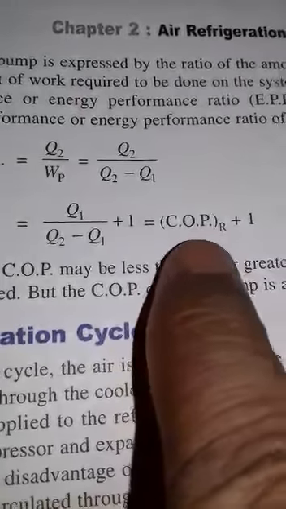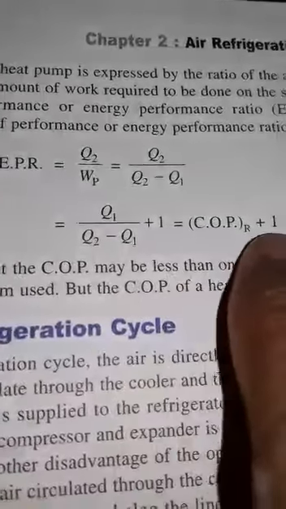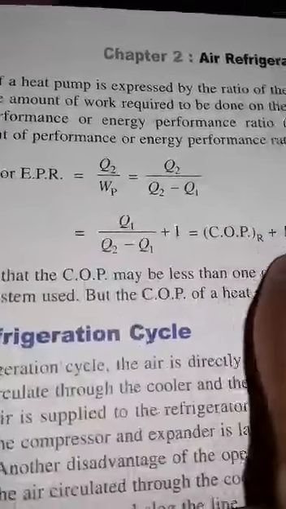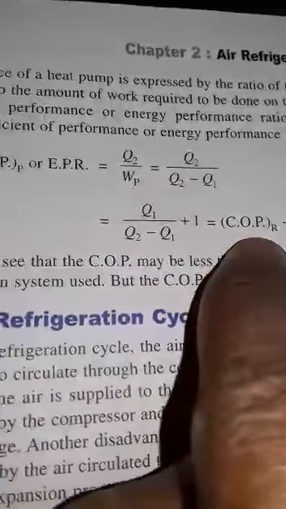So 1 plus refrigeration COP, that will give you the COP of the heat pump. So there is direct relation between the COP of the heat pump and the COP of the refrigerator. So heat pump and refrigerator are interlinked with each other.